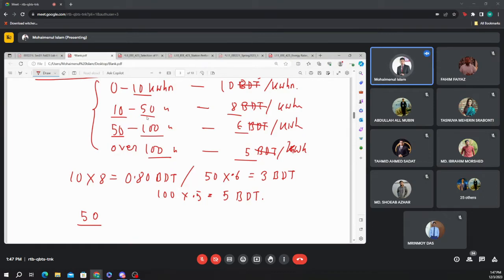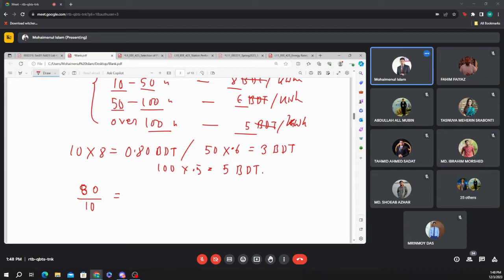So 80 BDT divided by 10. So here, it is 8 kilowatt hour.